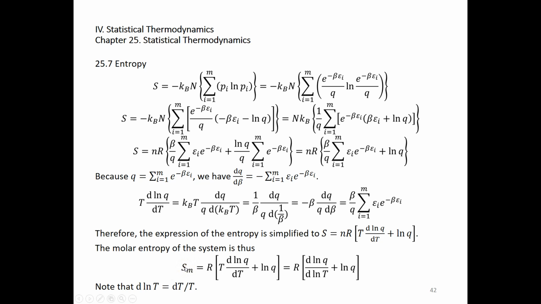Molar entropy is equal to R times the sum of d ln q over d ln T and ln q. So it's not just ln q, also it's the slope of ln q versus ln T. You have two components here that make contribution to the molar entropy. So why do we have this? Again, it's just because d ln T over dT is 1 over T, and then we have this.